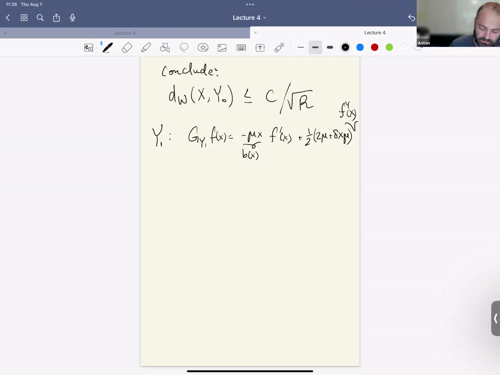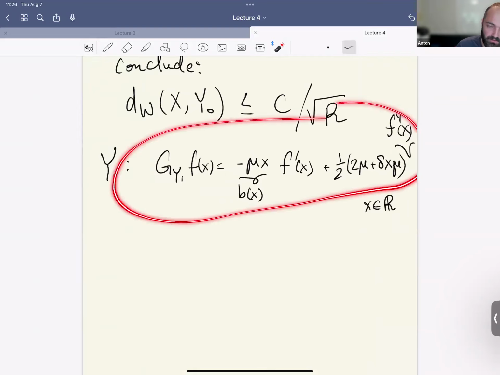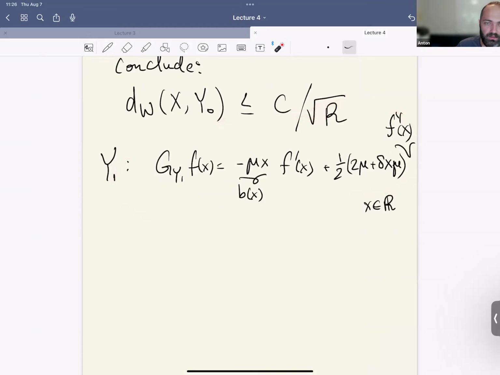Before we do this, this is of course defined for x on the real line, but there is a problem with using this diffusion generator. Why? It is because the term in front of the second derivative can be negative. A diffusion process cannot have a negative standard deviation or negative volatility.